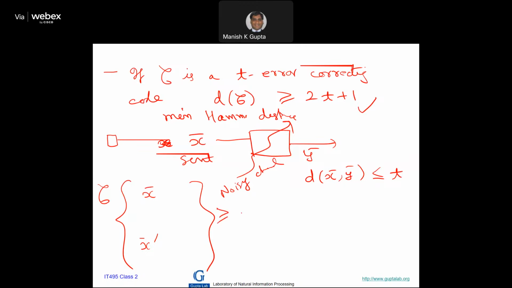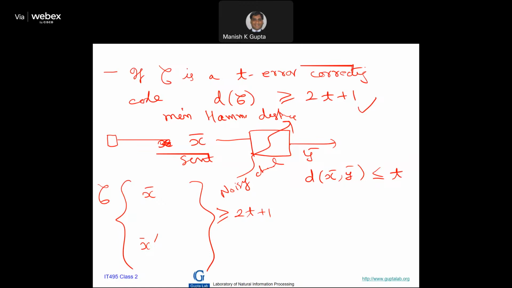So this distance is at least 2T plus 1. Okay. Now, X is a vector which is sent, Y is the vector which is received, and we know that the distance between X comma Y cannot exceed T.